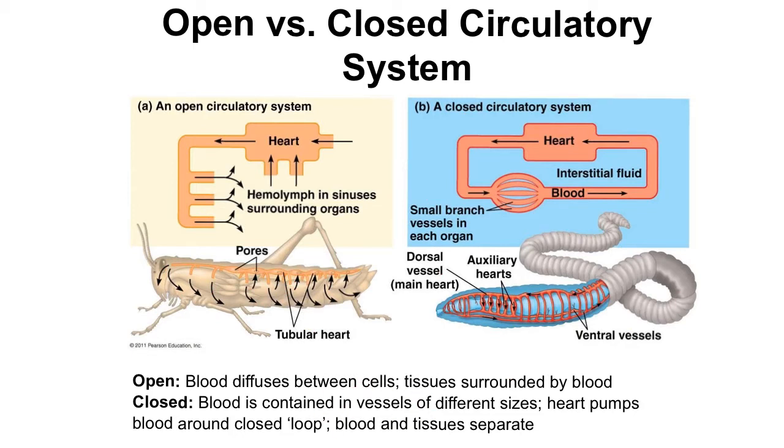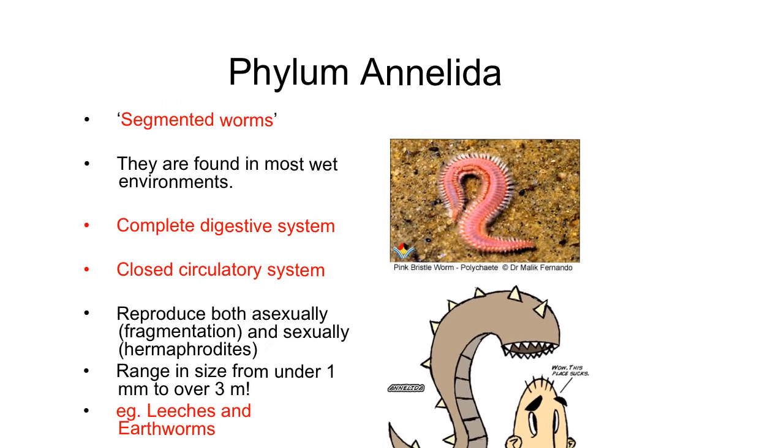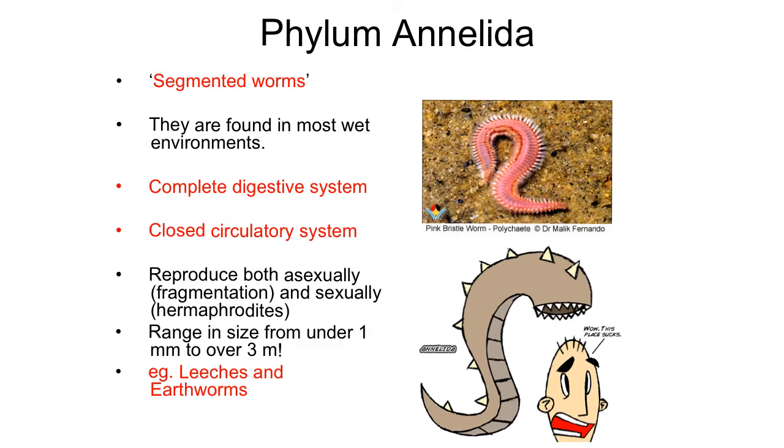So, for example, humans have arteries, veins, and capillaries. And those allow the blood to be directed in certain areas of the body. So our worms have a closed circulatory system, and they also have a complete digestive system. So they have a mouth and an anus. And these are our first guys in the animal kingdom to be segmented.